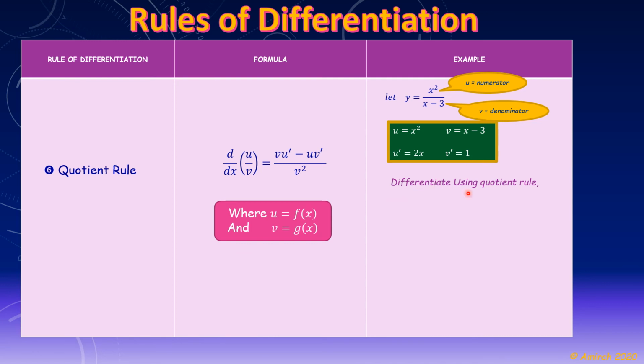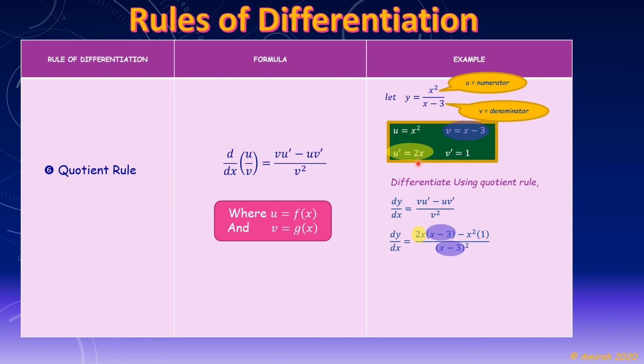And then we differentiate using quotient rule. First, we write the formula of quotient rule, vu prime minus uv prime over v squared. Then we just substitute what is u, what is v, what is u prime and v prime. Okay, like this. We substitute v equals x minus 3 in here and in the denominator also.